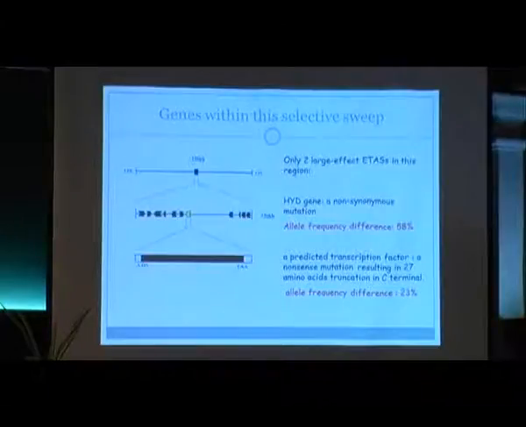There are in total 11 genes within this 350 kb region, and in this region we only identified 2 large effect ETA sites. Besides the one I have mentioned in the HYD gene, there is another mutation which causes a 28 amino acid truncation from the C terminal.